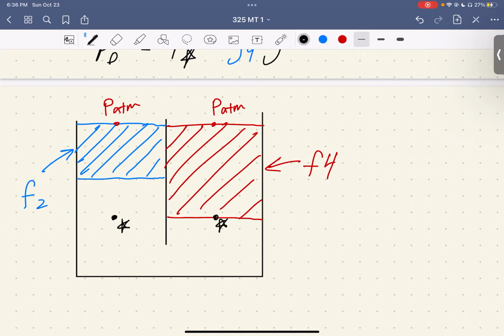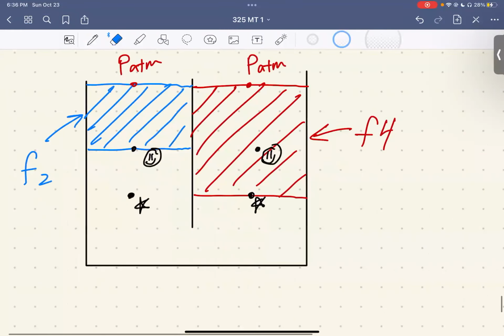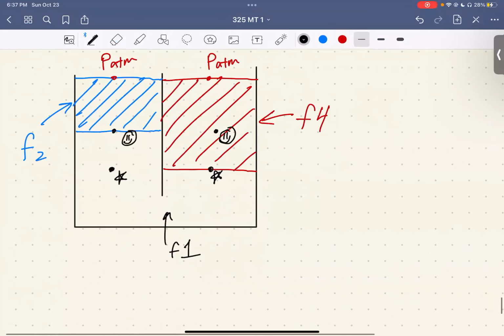So now let's move up to this position right here. We're going to denote that as smiley face. Let's take a careful look right over here, and right here. This is fluid 1. So we know so far.